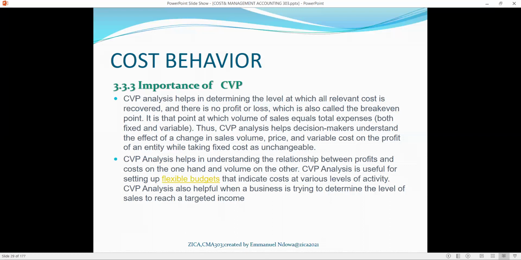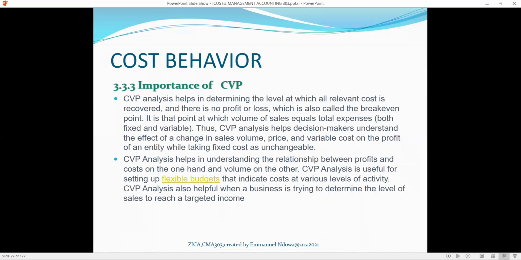Thus, CV analysis helps decision makers understand the effect of a change in sales volume, price, and variable costs on the production of an entity, while taking fixed costs as unchangeable. So if you play with the sales volume, the price, and the variable costs, you can have different profits, you can have losses, but your fixed costs remain the same.